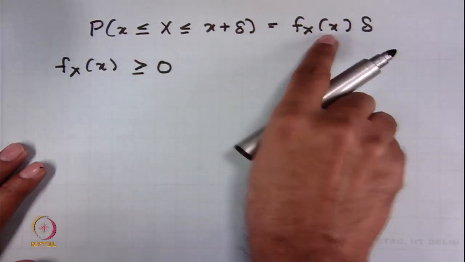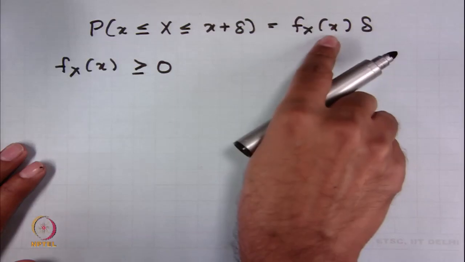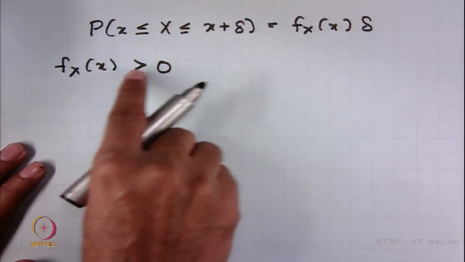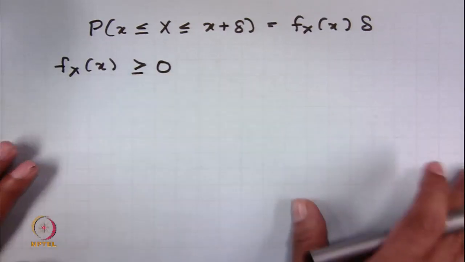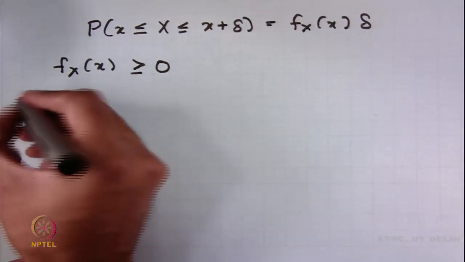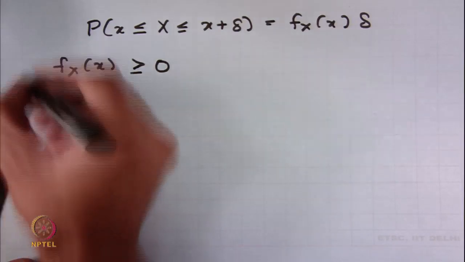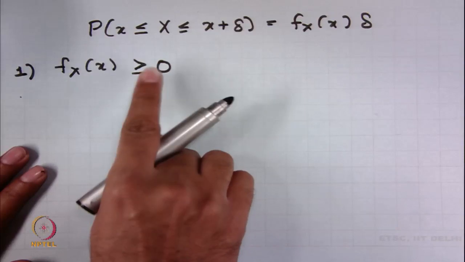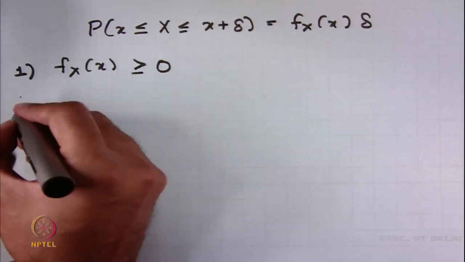The probability density function can also never be negative, it is always non negative, it is always greater or equal to 0.